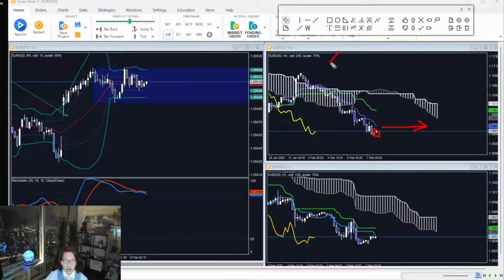So here is the 4 hour, and below here is the 1 hour time frame, and on the left is the 5-minute time frame. So I have 3 screens like this, H4, H1, and M5, and I run the chart as if I'm trading the live market because I do not see the future market, so I'm not sure what's going to happen.